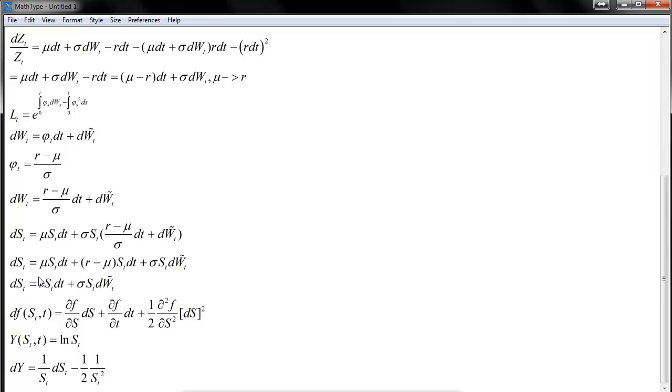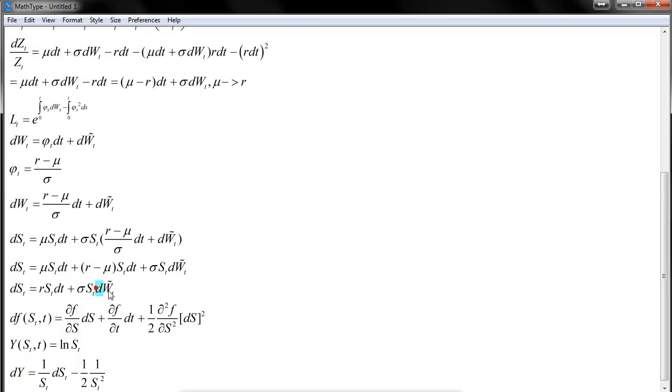Well, we square this equation. I could do that step by step, but believe me or not, the important is only this term, because this one squared is equal to 0, and this term times this term is also 0.